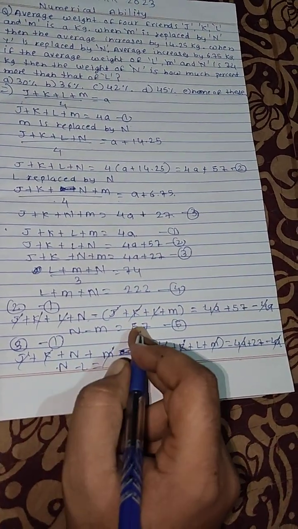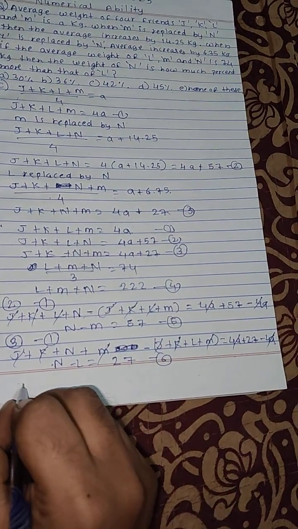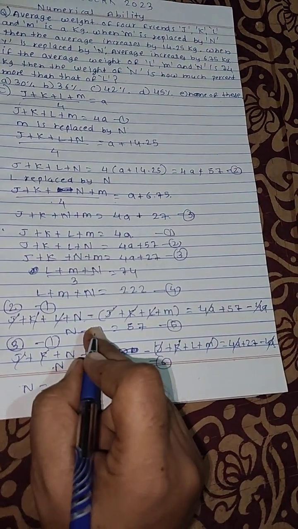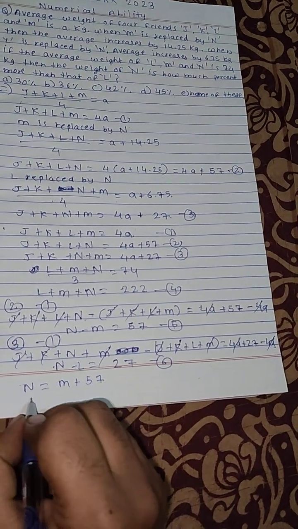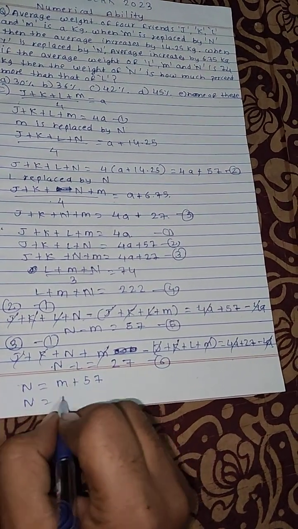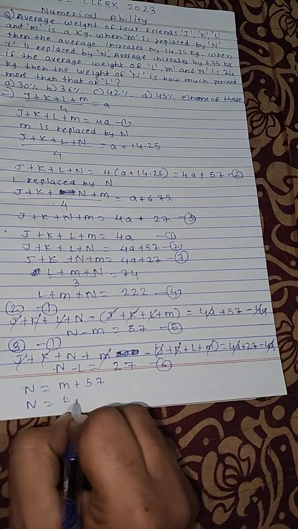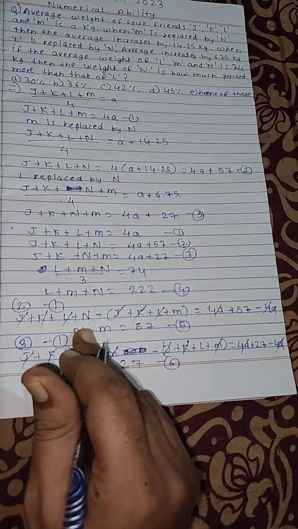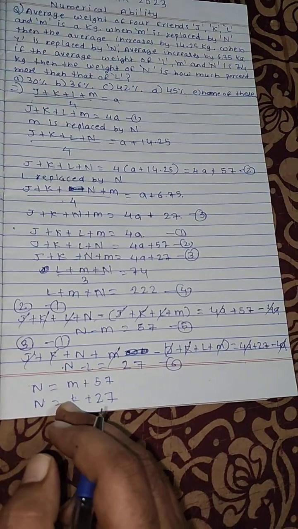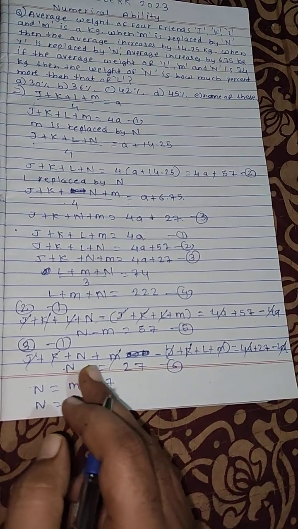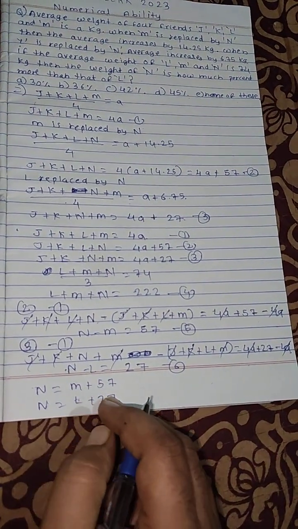So from equation 5 we can write the value of n as m plus 57, and here n as l plus 27.